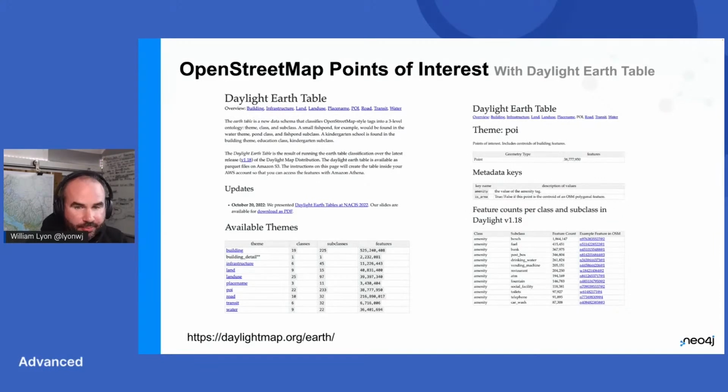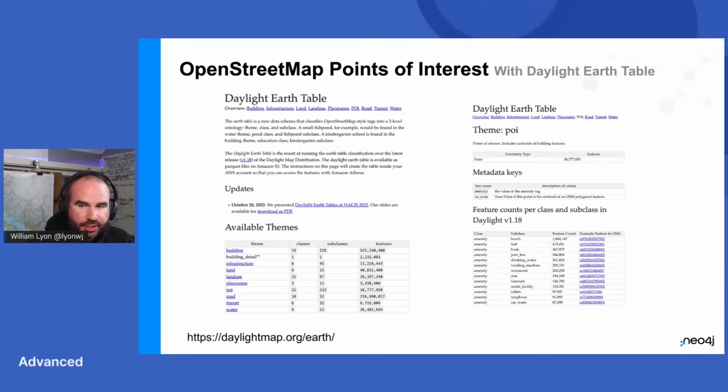There's amazing amounts of data in OpenStreetMap, but it can sometimes be a little bit difficult to work with. There isn't a sort of schema or standard structure imposed on some of the tags, for example, that are uploaded. So I like to use the Daylight distribution of OpenStreetMap, and specifically the Daylight Earth table.